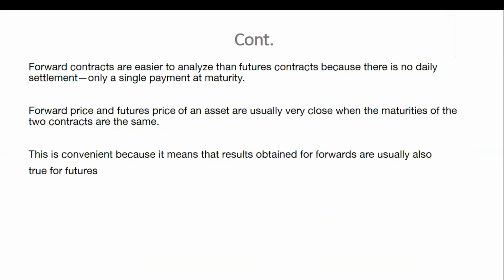Forward contracts are easier to analyze than futures contracts because, first of all, there is no daily settlement in the forward contract, right? So there is no mark to market. This is not applicable to a forward contract because a forward contract is an OTC contract. Okay, so a single payment is going to happen at maturity, no exchange before maturity.